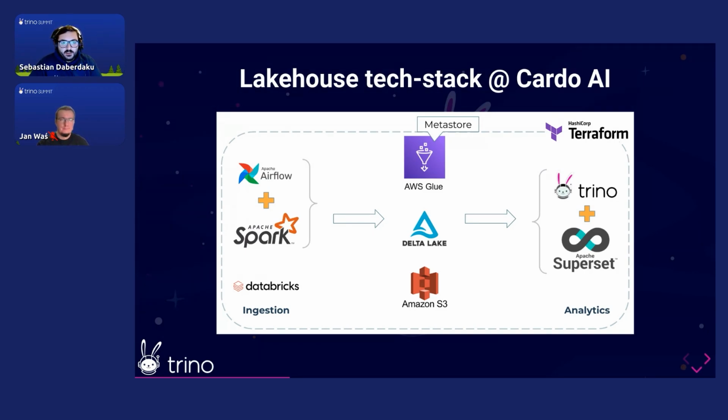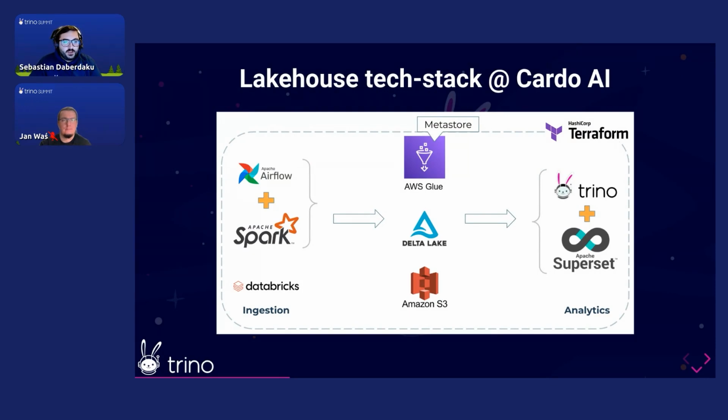We manage our data ingestion workflows with Apache Airflow pipelines powered by Spark or with Databricks. And we build our analytics on top of Delta Lake using TrinoDB. And then on top of TrinoDB, we either use Apache Superset or our own suite of software as a service tools that we offer to our clients.